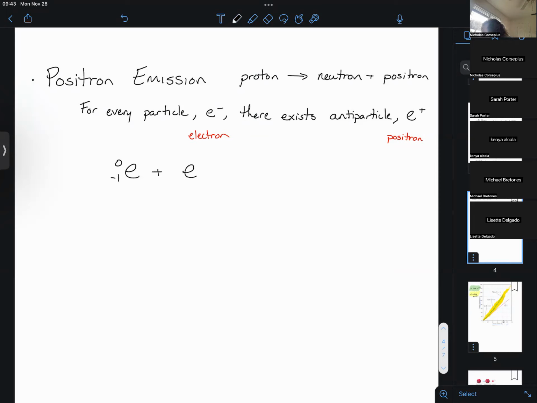And our positron is the same thing, but with a positive charge. So this is an electron. This is a positron. If you take a positron and an electron and you combine them together, they what's called annihilate one another. And you just get a release of energy, a release of photons.